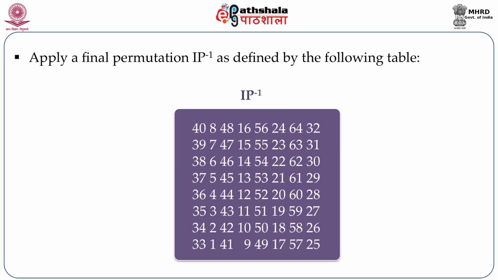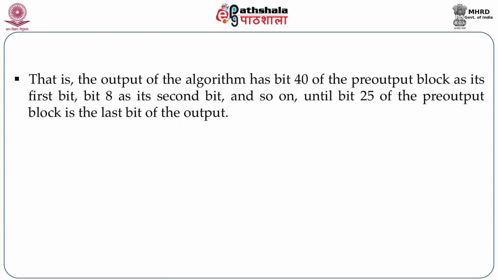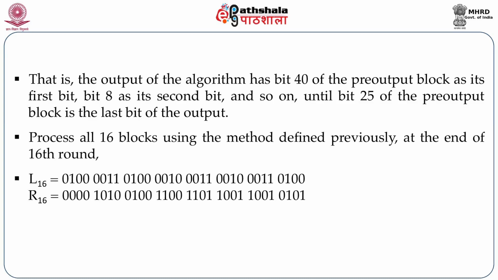What is left to be done? Final inverse permutation. So that table is again on the board. What you have to do is the 40th bit becomes the first bit and the 25th bit becomes the last bit. So this is the final permutation which we have to perform. So now process all blocks according to the method which I have explained.